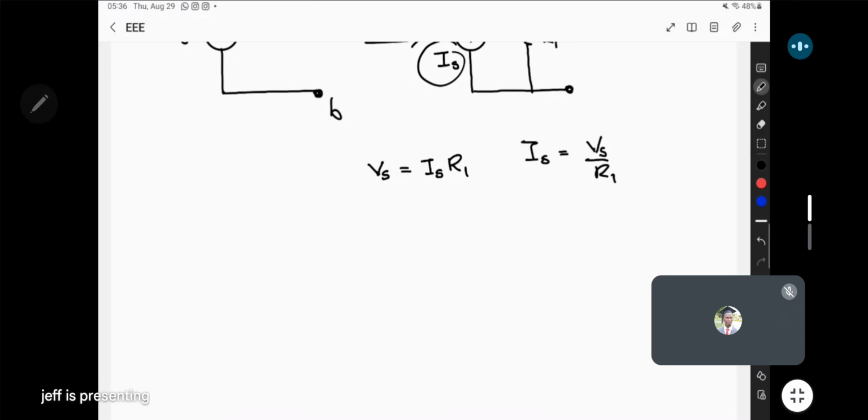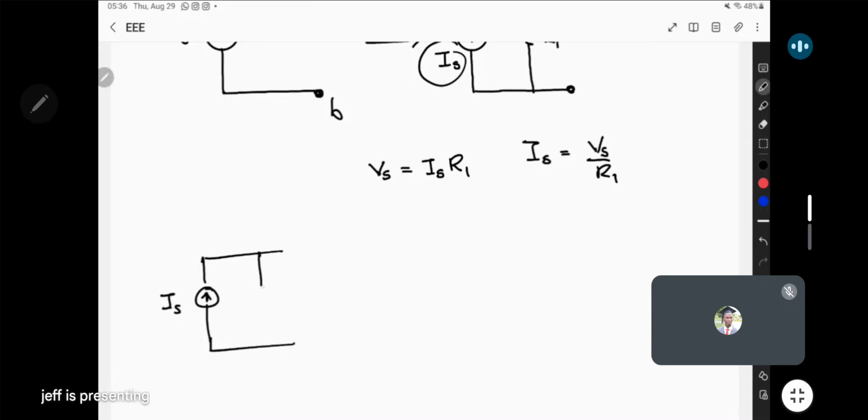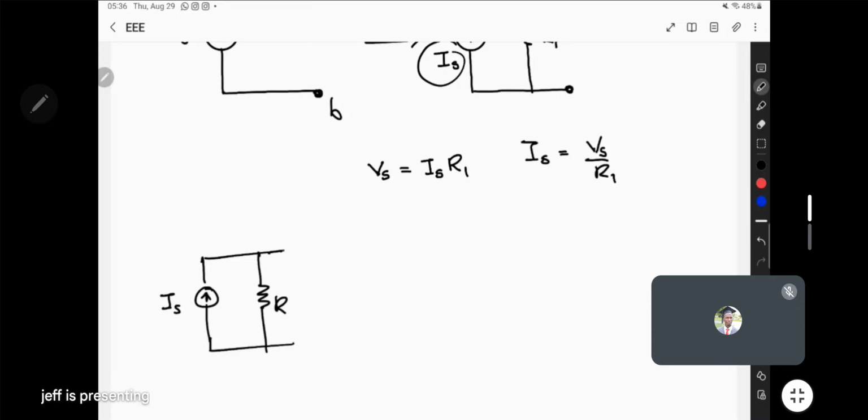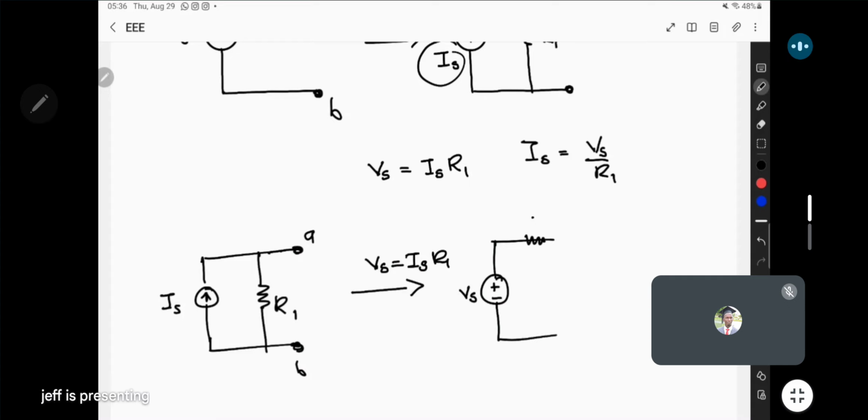In the same way, if what you have is a current source connected in parallel to a resistor, we can easily transform this by using VS is equal to IS times R1, so that now we present it as a voltage source connected in series with the same resistor R1, and then the nodes A and B. We quickly see that it's the same concept we keep deploying, and it's basically one equation.